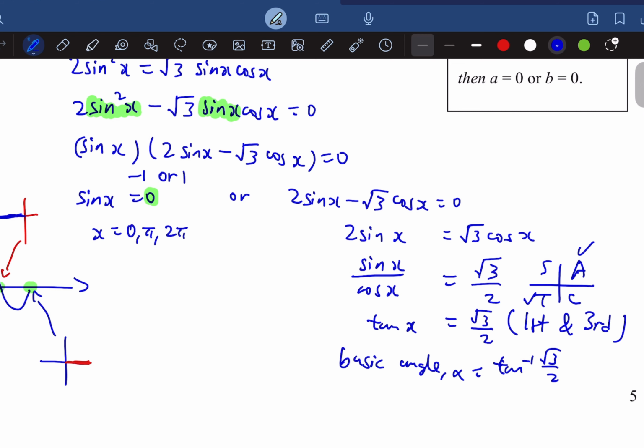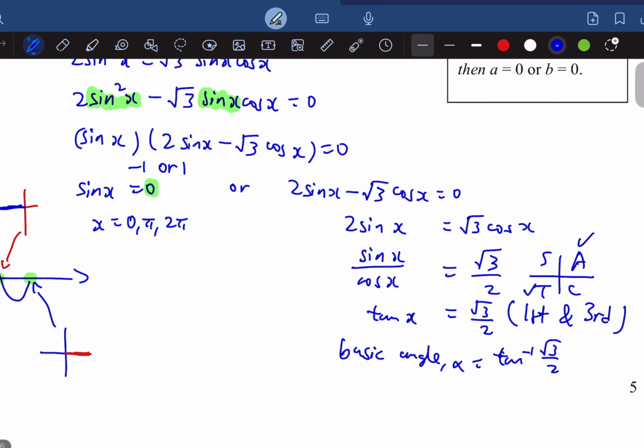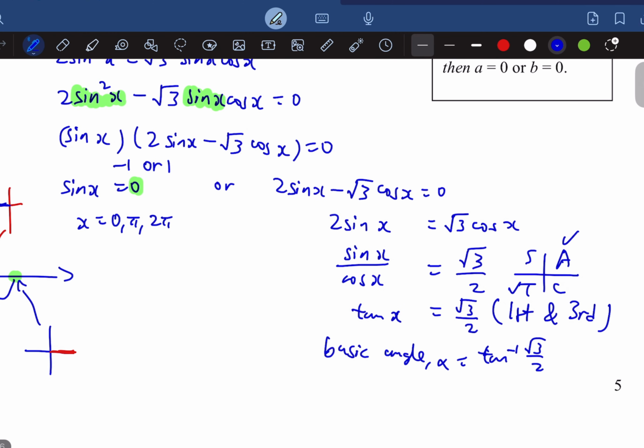It happens that this is not a special angle, so we really have to change our calculator to radian mode. So first quadrant, x equals to alpha. Third quadrant, x equals to pi plus alpha. So with this, 0.714, the answer is not exact, to 3 significant figures, 3.86.